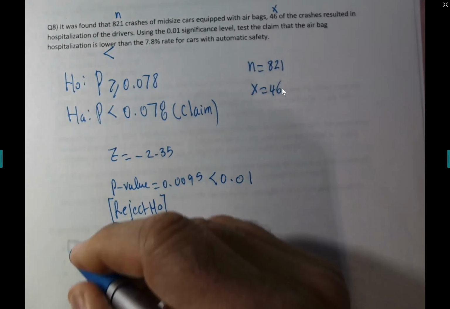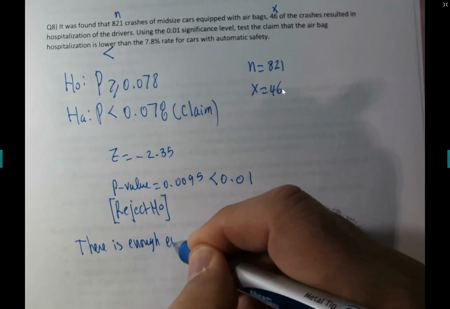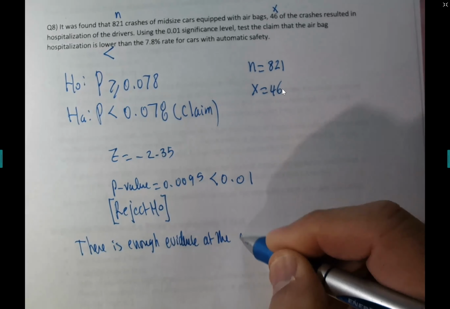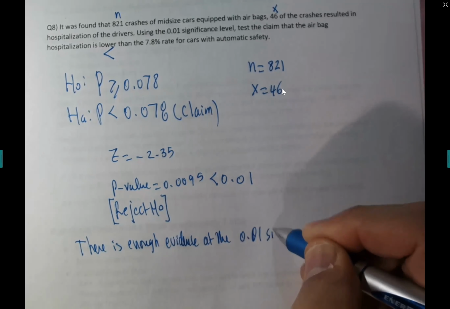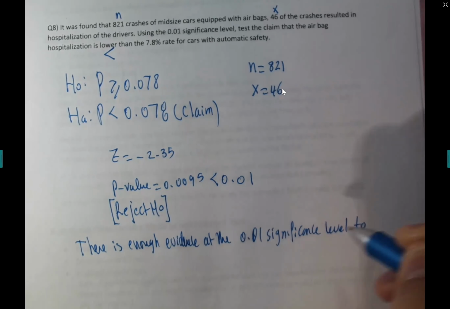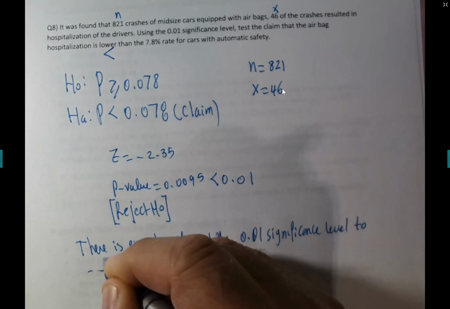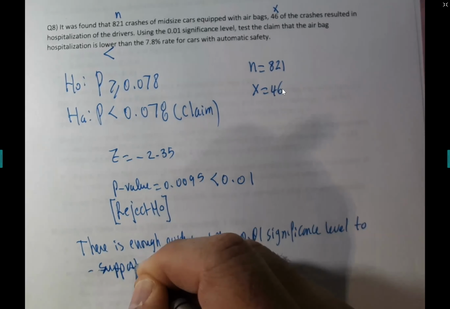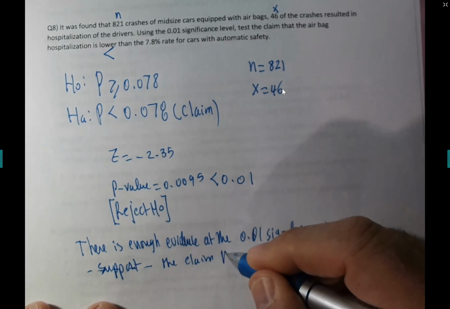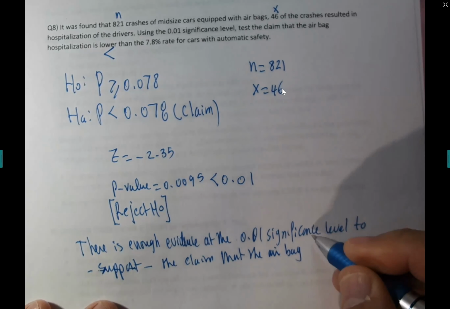There is enough evidence at the 0.01 significance level to, what? Who can tell me the word? Support the claim. Yeah, we can, C-A-N, support the claim that the airbag hospitalization is lower than the 7.8% rate for cars with automatic safeties.